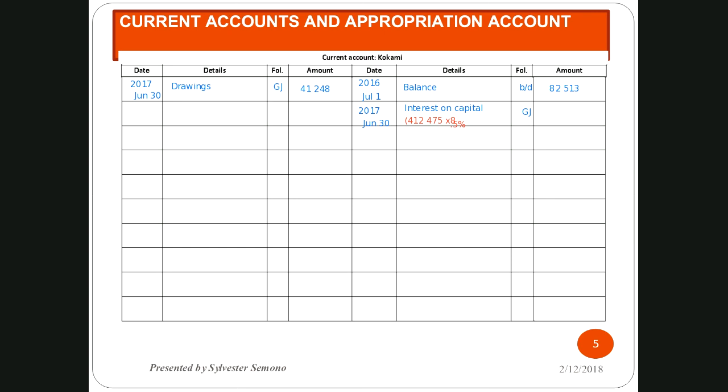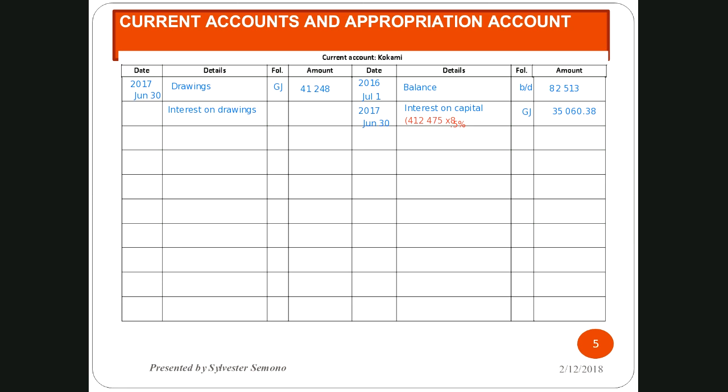Now, we must also calculate the interest on drawings. Again, the interest on drawings is unfavorable to the partner. We need to come to the debit side and put the interest on drawings. For Kugami's drawings, we need to show the calculation.